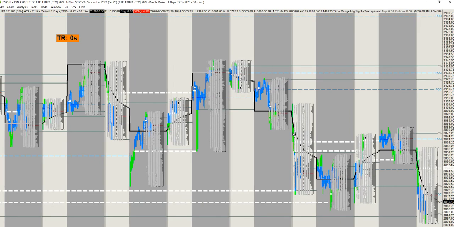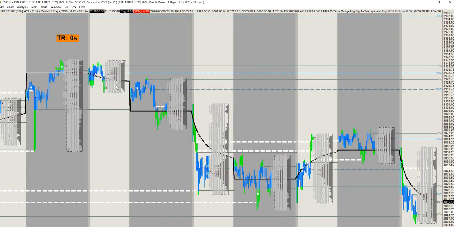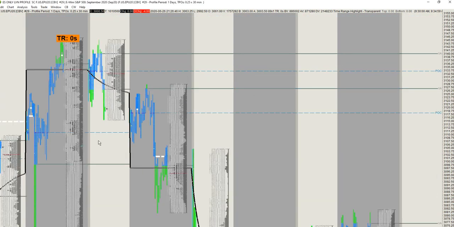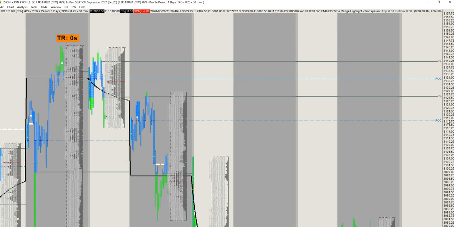The first day where we had value lower was this day, okay? So this just means that now with value going lower, there were probably important nuances in this day that gave us a good clue, right? So let's analyze this day, okay?